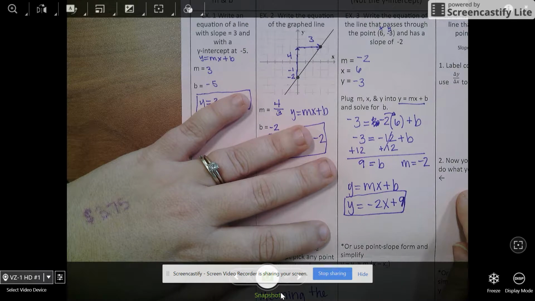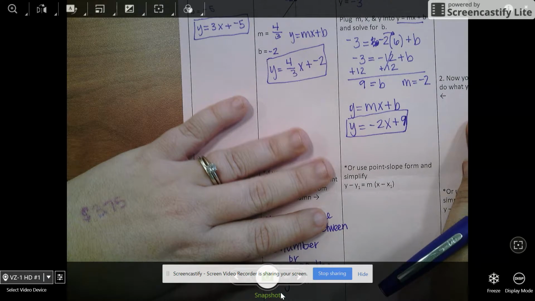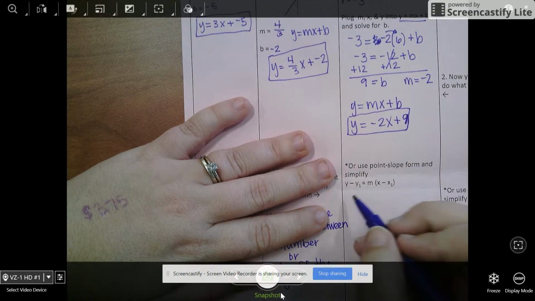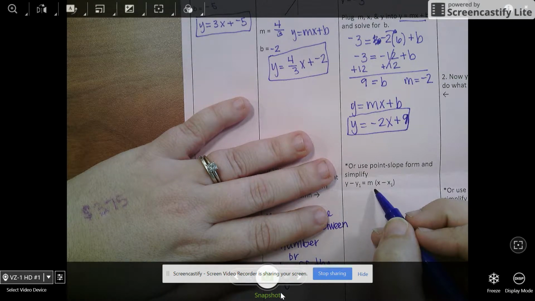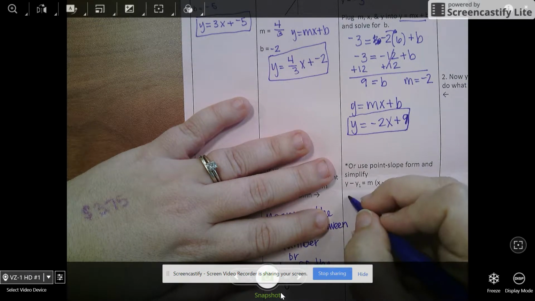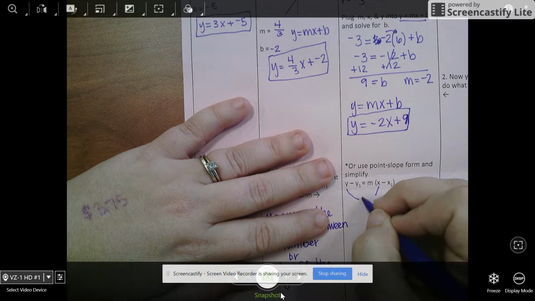Or we can use point-slope form. What point-slope form says is y minus y1 equals m times the quantity x minus x1. This y and x stay in the equation, so don't change these two.